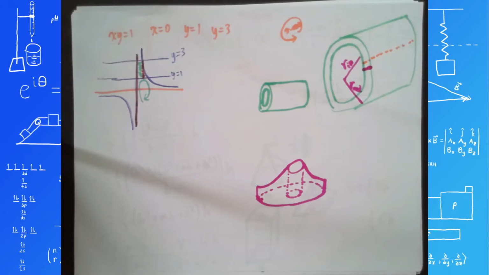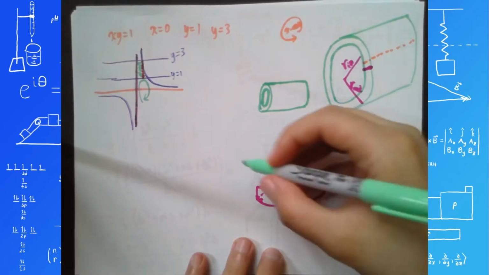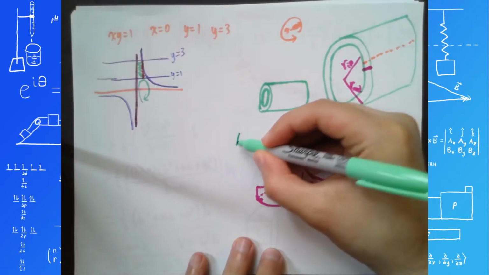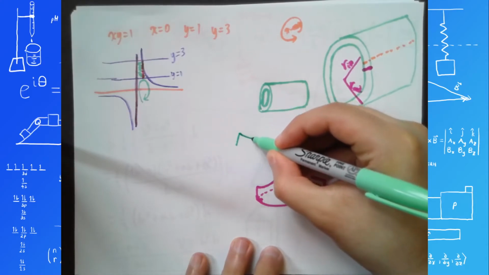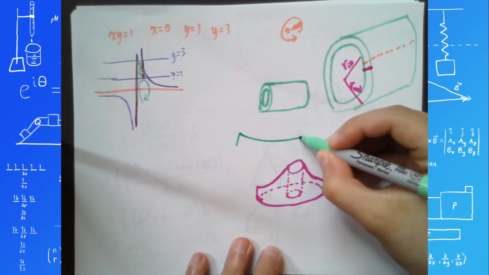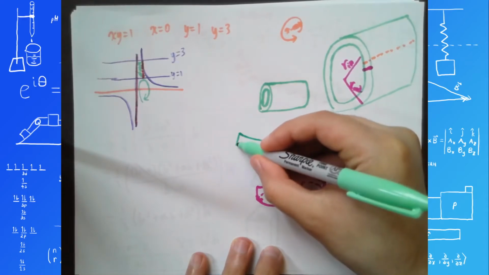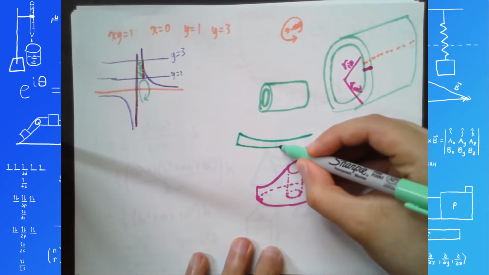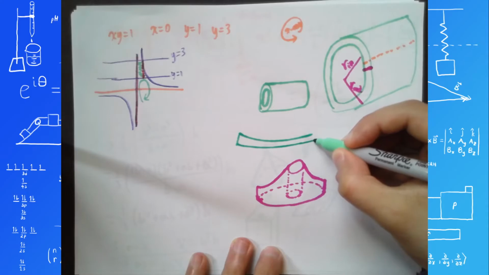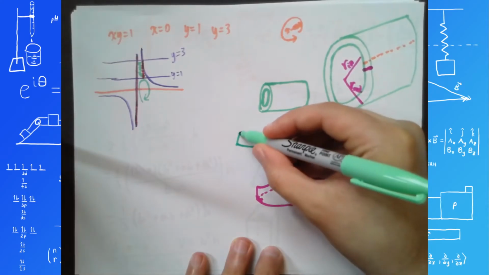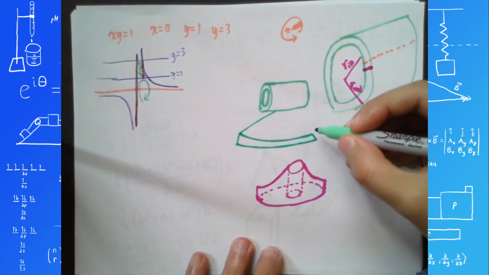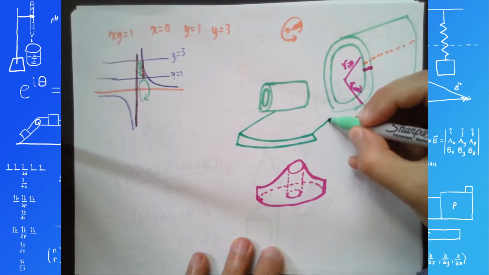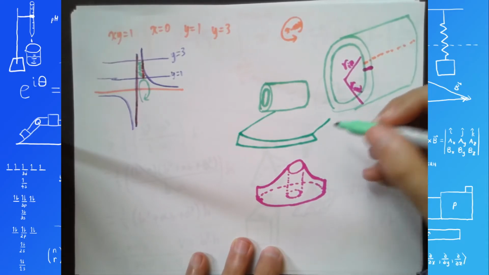If I were to cut and unfold, then I would get something that looks like this. I'm going to draw it in two stages. Stage one, where you haven't fully uncurled it after cutting. It would look something like this. You know what?